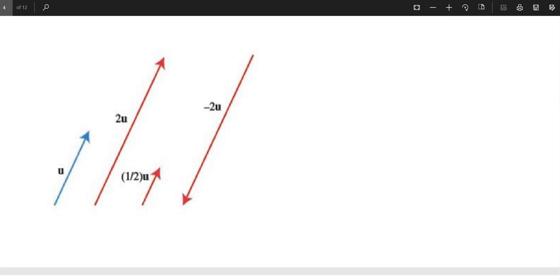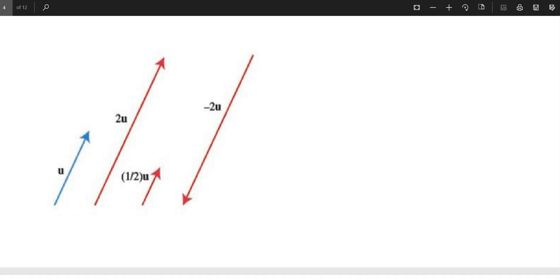If u is the original one that you see right there, the blue one, what do you notice about 2u? It's double. It's twice as long. But what is the same? The direction is the same. 2u does not go in a different direction than u.